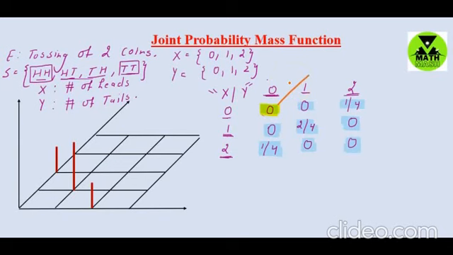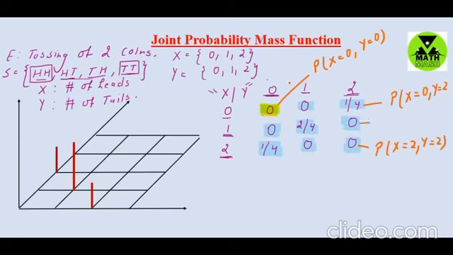This point is nothing but probability at x equals 0, y equals 0. What is this? This is probability at x equals 0 and y equals 2. What is this point? This is probability at x equals 2 and y equals 2. So these all represent the probabilities.